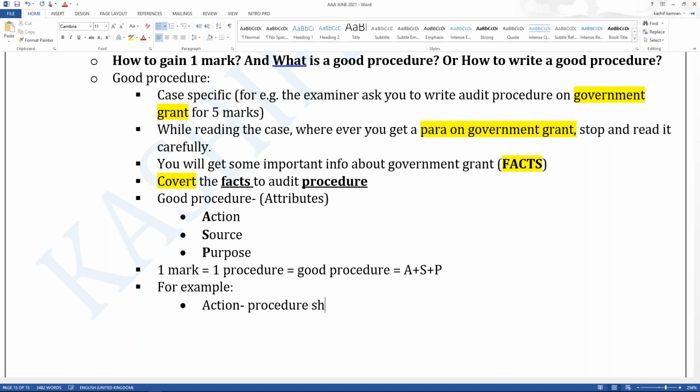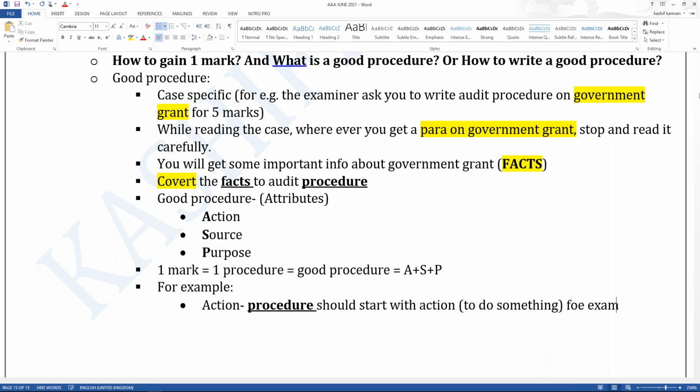I hope you all agree, because the literal meaning of the word procedure means to do something. Is that clear? Procedure means to do something, right? Auditor is doing something. Procedure means auditor is demonstrating something. Am I right? So a procedure should start with an action.